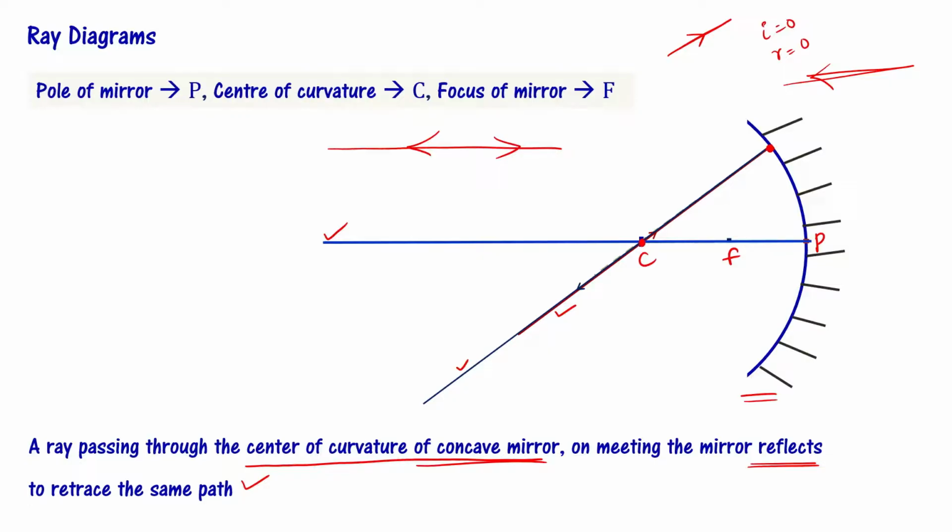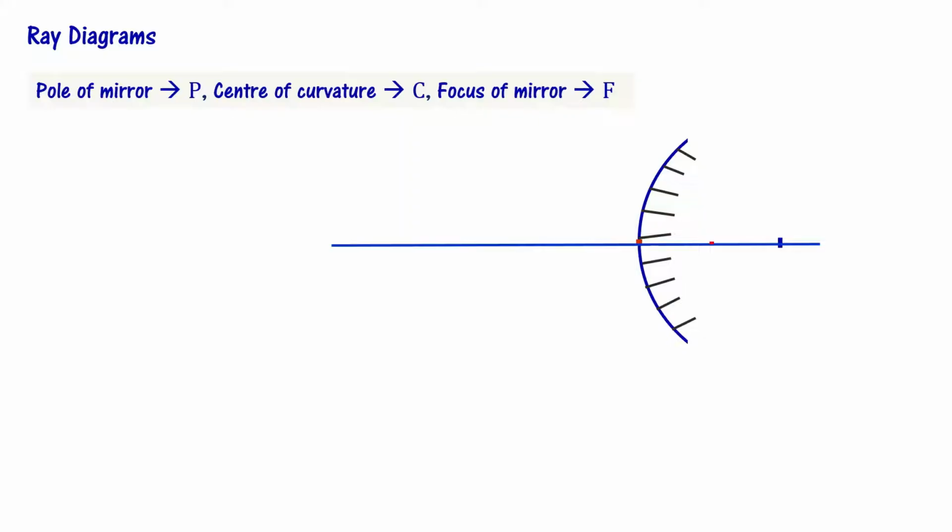Let's note this. And let us consider the same ray for a convex mirror. In the case of a convex mirror, I have a ray that hits the surface of the mirror. Now look at this. Actually, you don't know, it has met with this, right? Now we have to draw a normal from the point of incidence to the center of curvature.